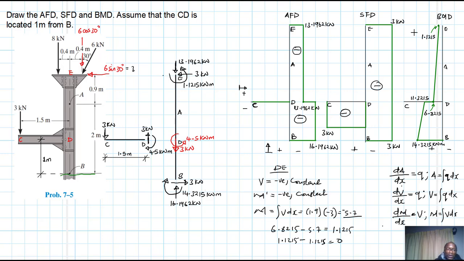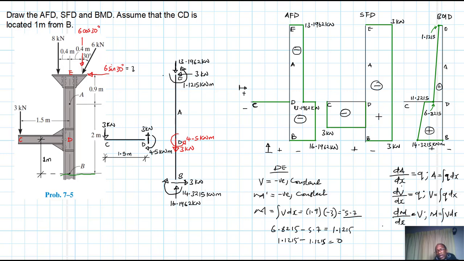Okay, let me use green again, sorry. This is going to close like so. So this moment here is positive, this is all positive.